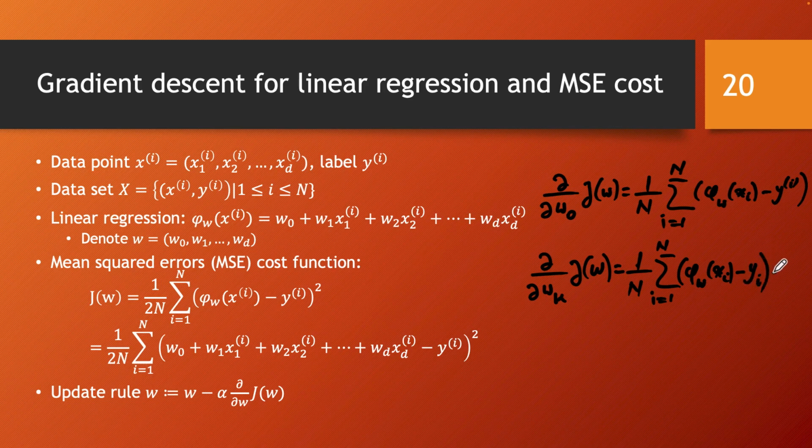Then I also multiply with the derivative of this term with respect to wk. wk is one of these terms, so when I calculate the derivative, I'm left exactly with this component, so that's times xki, in other words the kth feature of the data point xi. Again, that's all there is to it. That's the partial derivative, and that's what we use in this update rule.